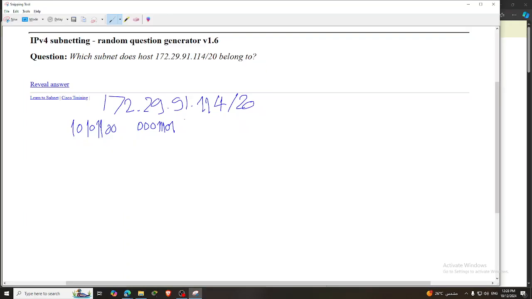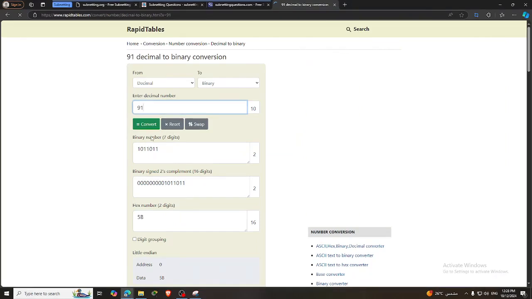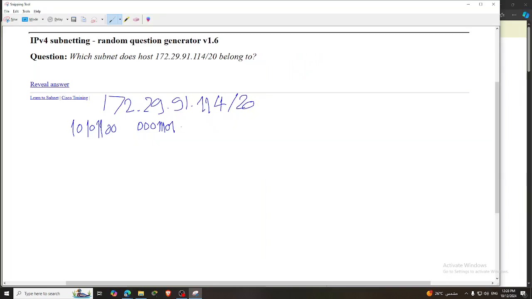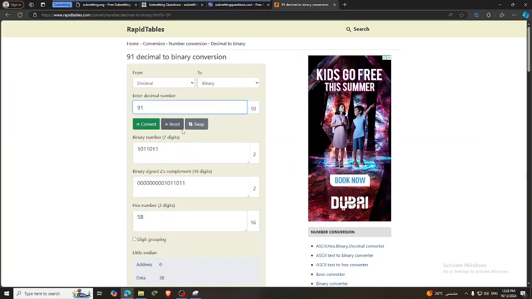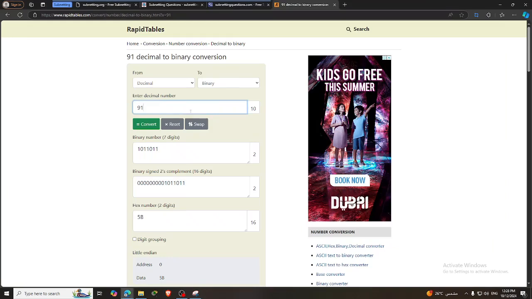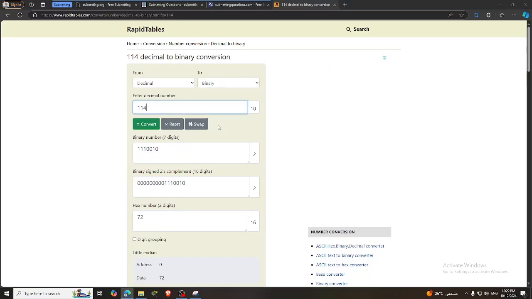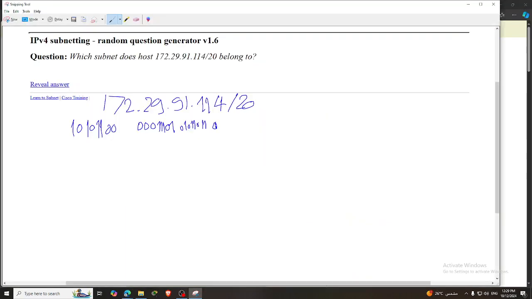All right. Here we have 91, 7 digits, so 0, 1011011. And finally 114, 0, 1110010.